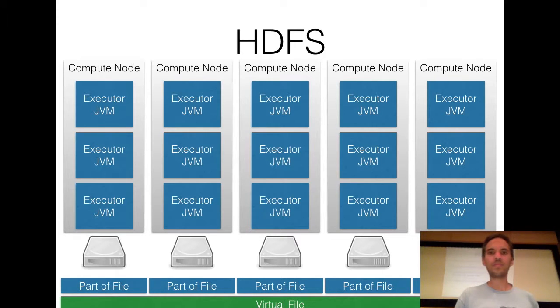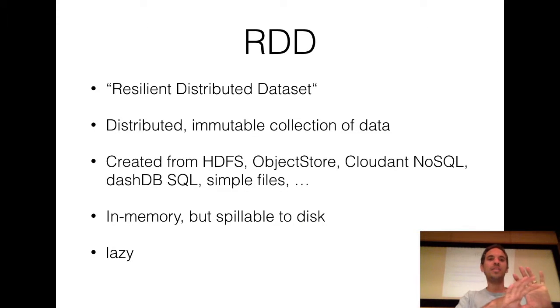That's all. The central data structure in Apache Spark is called RDD, Resilient Distributed Data Set. It's a distributed immutable collection of data, like a Java collection, but it can span the whole main memory of your cluster, and if it doesn't fit in the aggregated main memory of your cluster, it can automatically be spilled to disk.